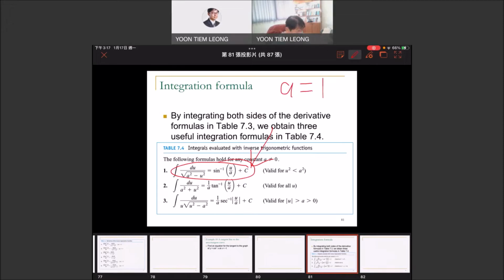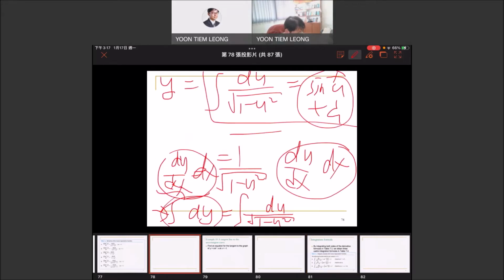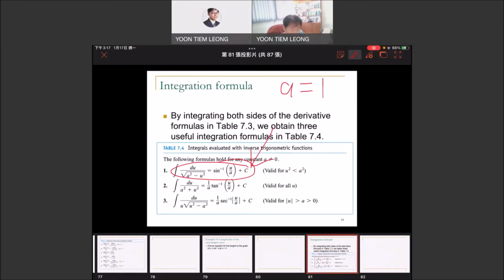So you set a equals to 1, then this formula shown here is exactly the same as what I have obtained here. But you can derive this version with a quite straightforwardly by using a simple substitution.